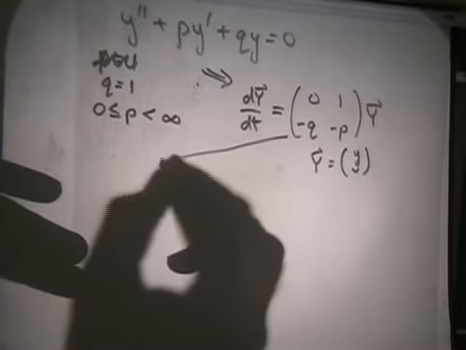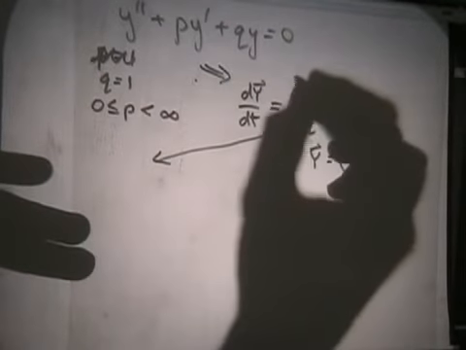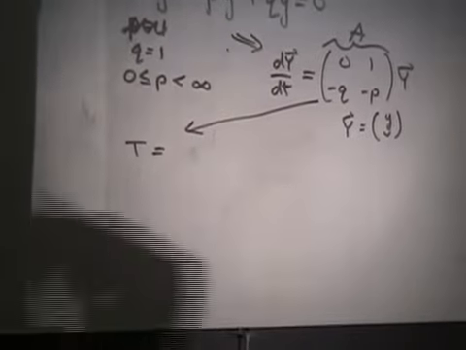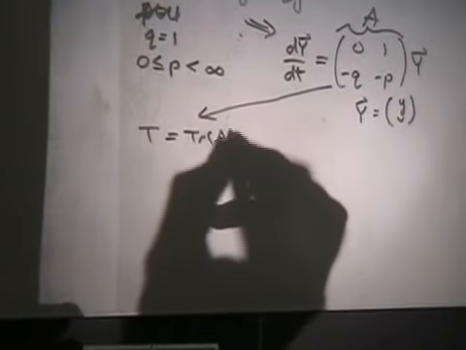If we do it this way, think about this matrix A. I'm not quite letting q equal 1 yet, but I will eventually. The trace of this matrix, which we call T for short, tr is the abbreviation for trace, is negative p.